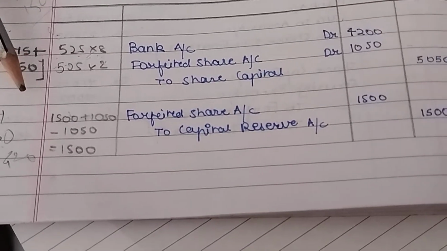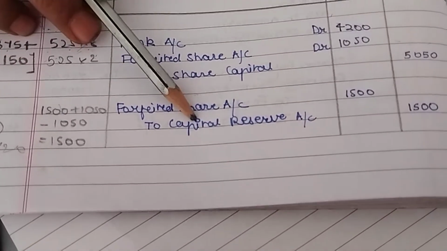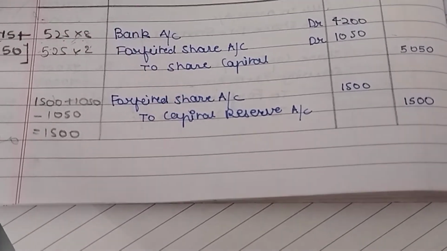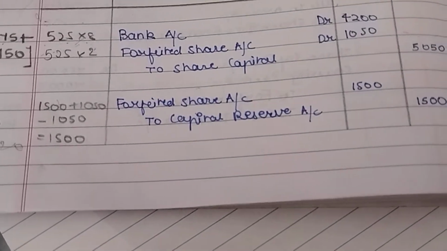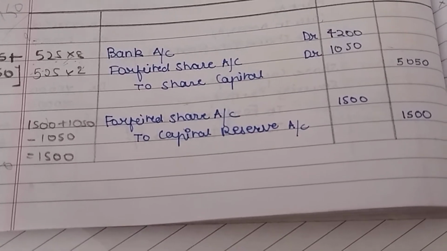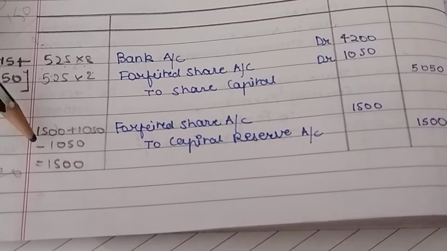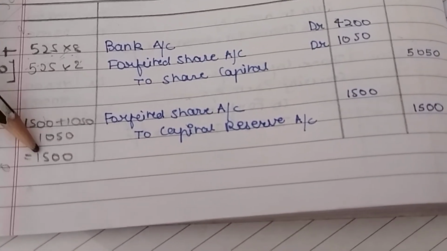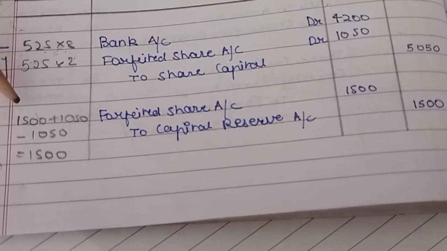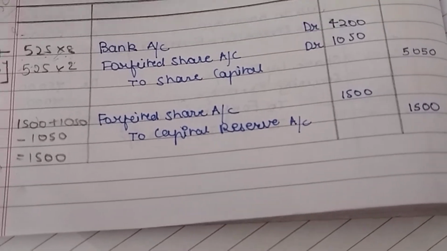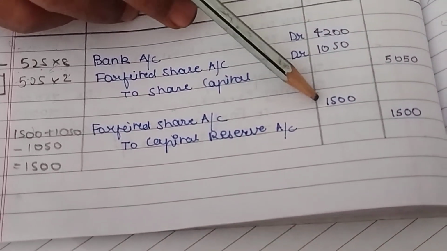And the last entry: forfeited share account debit to capital reserve. Remember that total of the two, Anil and Sunil. Anil's amount 1,500 and Sunil's 1,050. Total of these two, from that we deduct discount 1,050. Naturally balance 1,500.